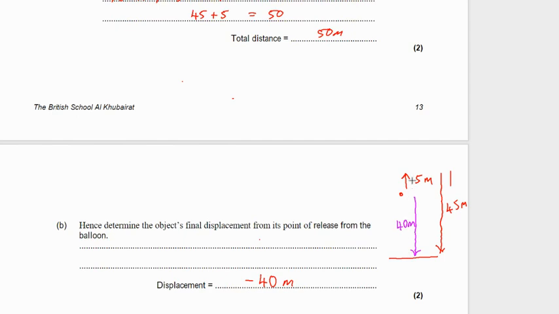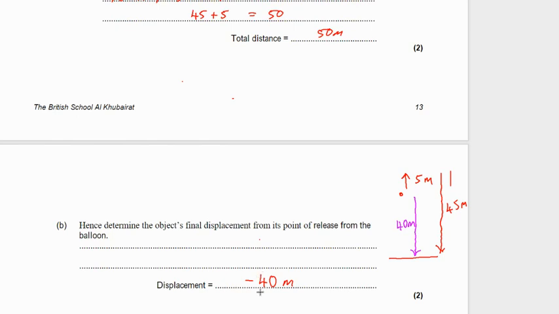Okay, so it's gone 5 meters upwards, then it's done 5 meters back down to get to this position where you threw the ball, and then it drops another 40 meters down. So that's a displacement of 40 meters. What is displacement? It's the direct distance from the starting point to the end point. So that's the direct distance of 40 meters.